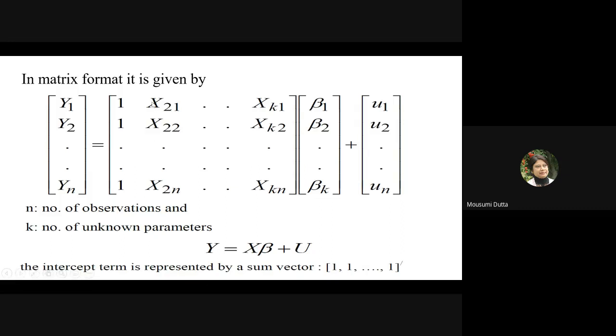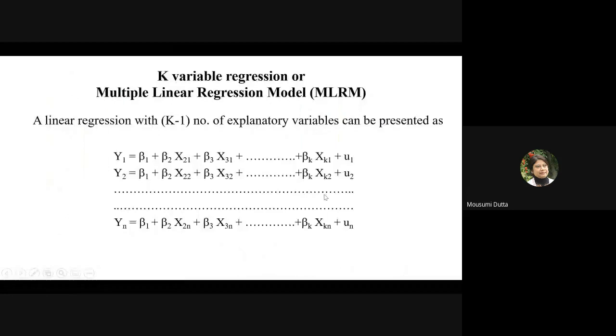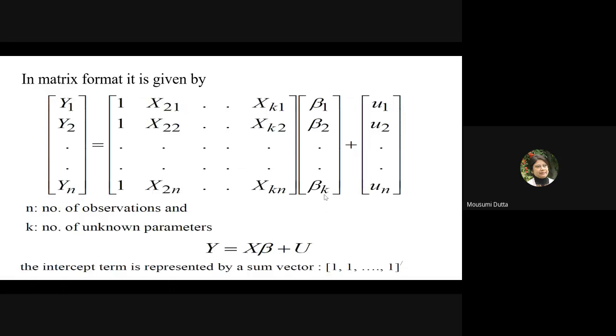Okay. So if I multiply the rows with this beta column, we will get back all these n equations. The number of observations will decide the number of equations here. So we have n equations here, and all of them can be summarized using these matrix and vector notations.